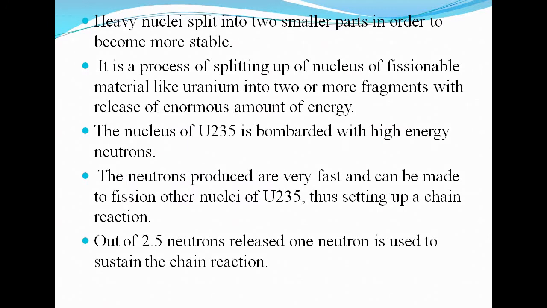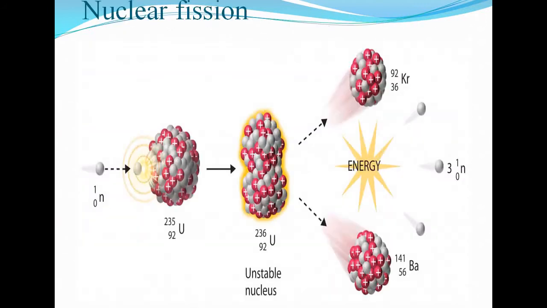The neutrons produced are very fast and can be made to fission other nuclei of uranium 235, thus setting up a chain reaction. Out of 2.5 neutrons released, 1 neutron is used to sustain the chain reaction.